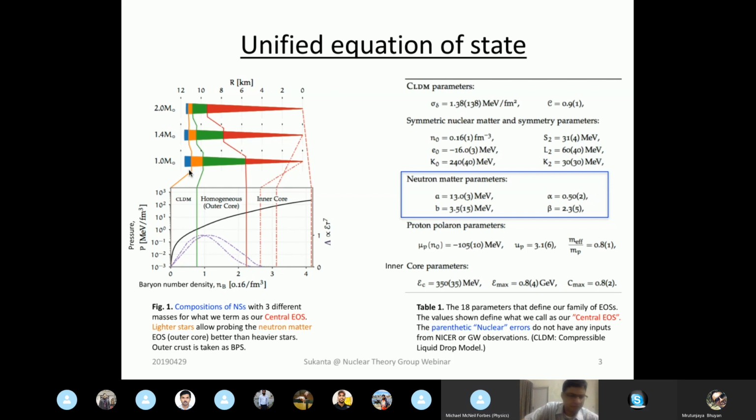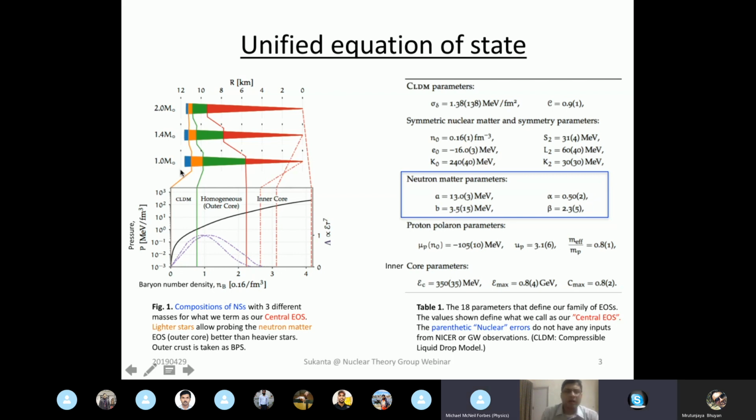Sure. That's basically what you're seeing here. In the 2 solar mass star, the outer crust is very, very thin, and in the 1 solar mass star, it's very large. That just comes out from the physics, assuming that the tabulated nuclear equation of state data for the outer crust is correct. That effect of change in the crust is only embedded in your CLDM parameters, nothing else.